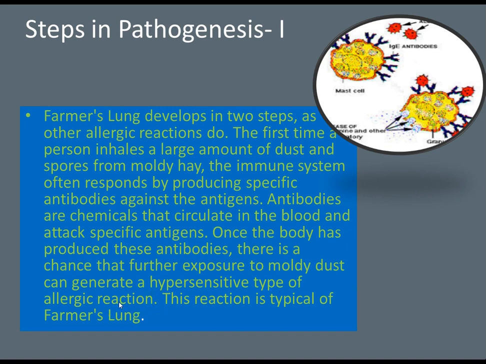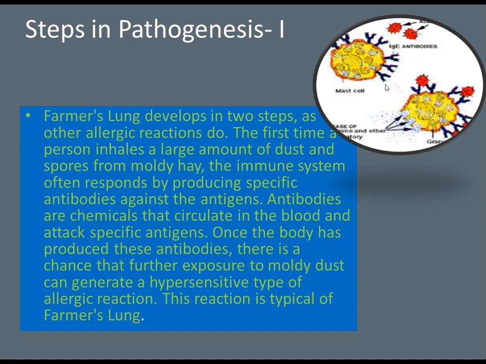And this hypersensitive type of allergic reaction is a reaction that is typical of farmer's lung. So whatever has been described out here has been summarized in this diagram. The antibodies have the chemical nature of immunoglobulins, so these are the antibodies.